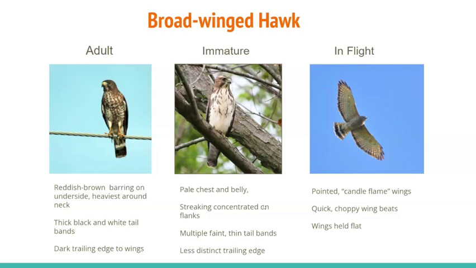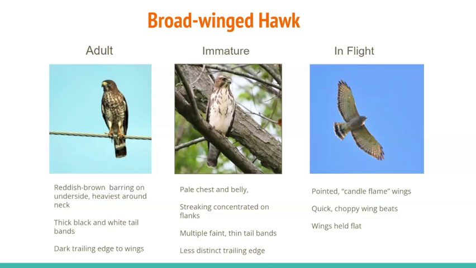And there are instances where it can be difficult to tell a red-shouldered and a broad-wing apart, especially when they're immatures. And that is definitely one thing to keep in mind when identifying raptors: it's okay sometimes to go with unknown raptor. There is no shame in that.